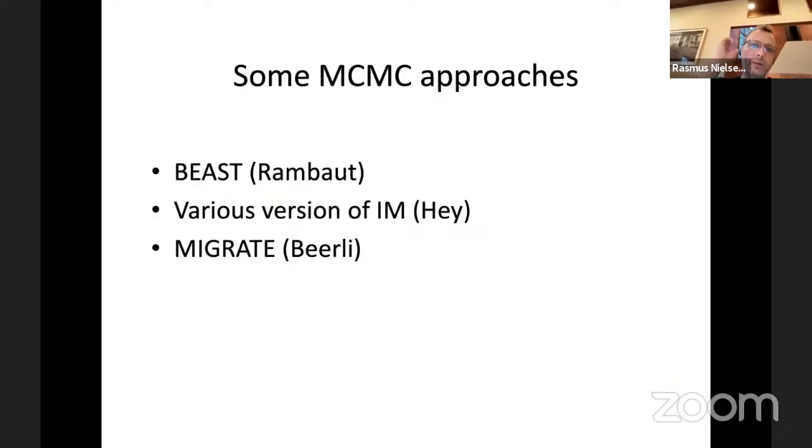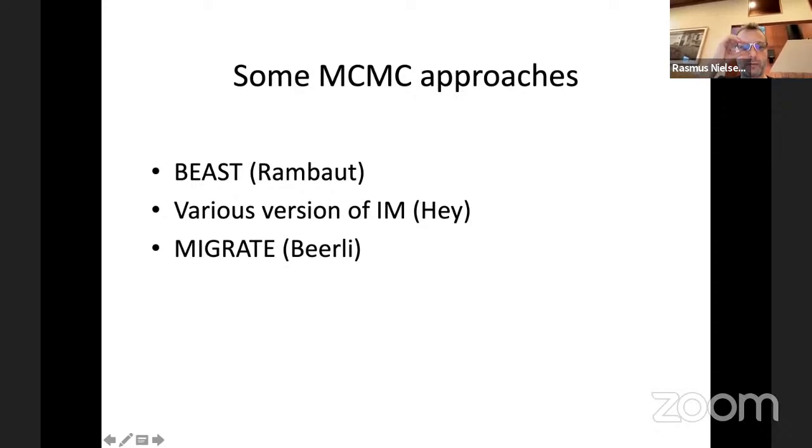Back to the MCMC approaches. Today, there are several different MCMC approaches. The most famous, most used one is probably BEAST now, which can do some population genetic models, and people use that, for example, for many of the viral analyses. When you analyze the history of SARS-CoV-2, BEAST is the most commonly used program.